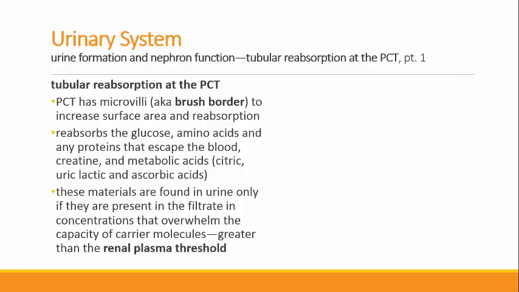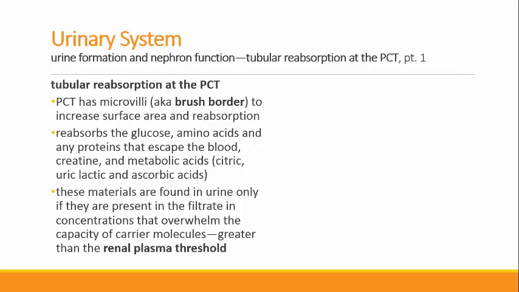It's further enhanced because the proximal convoluted tubule cells have microvilli, referred to sometimes as the brush border, because under a microscope the microvilli appear to be like little hairs. That brush border greatly increases the surface area of the cells that line the proximal convoluted tubule, in exactly the same way that microvilli increase surface area in the digestive system.